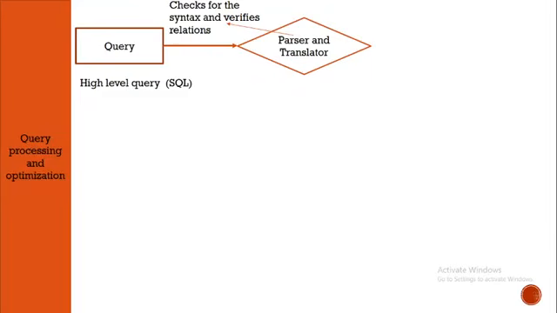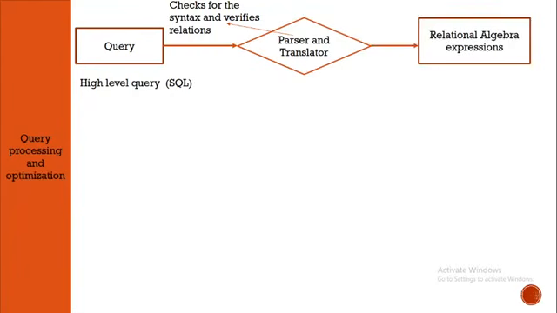So it checks whether the name of the relation in the query written by the DBA is the same as the name of the relation in the database, or whether the DBA has made some mistake in mentioning the name of the relation in the query. So it verifies the names of the relations as well as checks for syntax errors and forwards it to the translator if everything is correct.